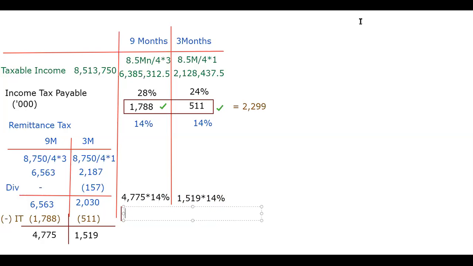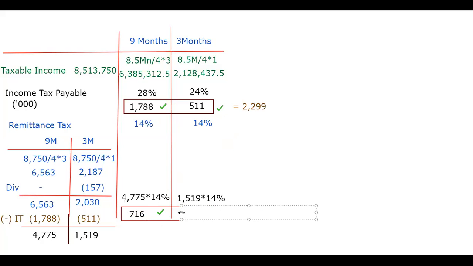Then what are the answers? 1775 into 15 is 716, as a rounding now. Let's say 716 million.